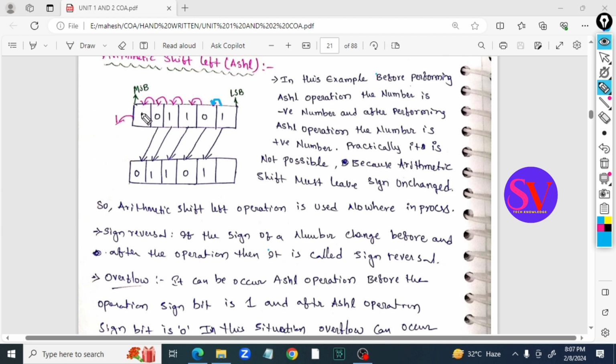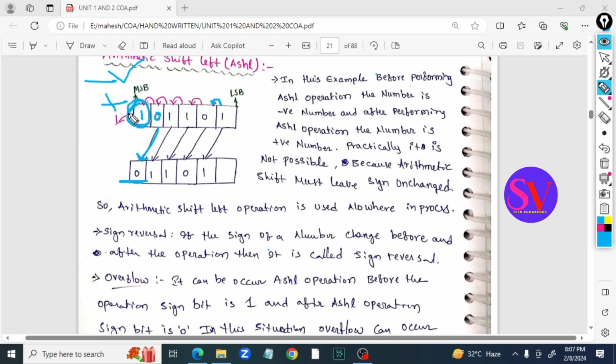Then the MSB bit, here 1 is there and here 0 is there. This 0 will be replaced with the MSB. Before the operation, this number is a negative number. Why? Because the MSB is occupied with 1, so it is negative.